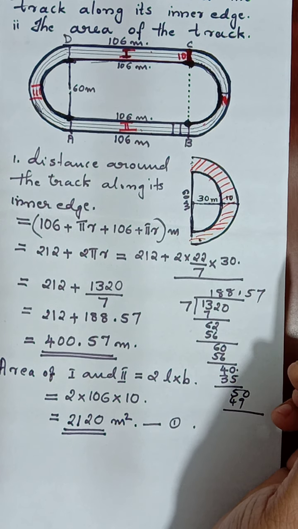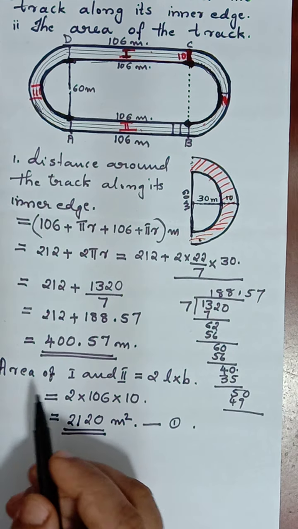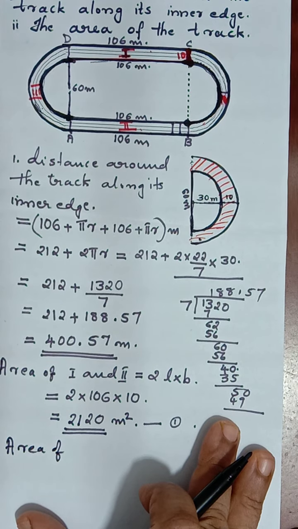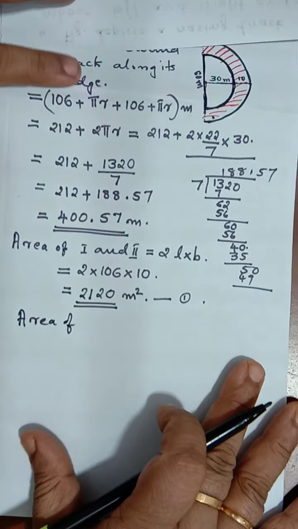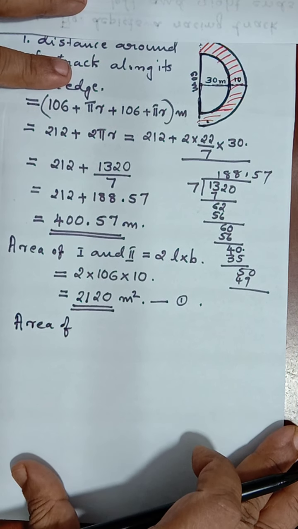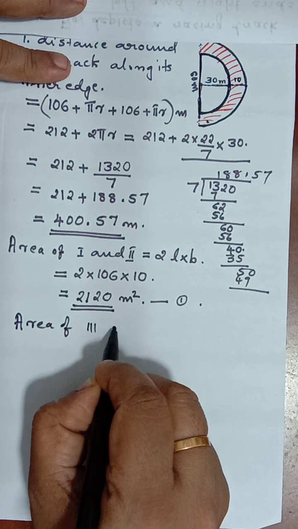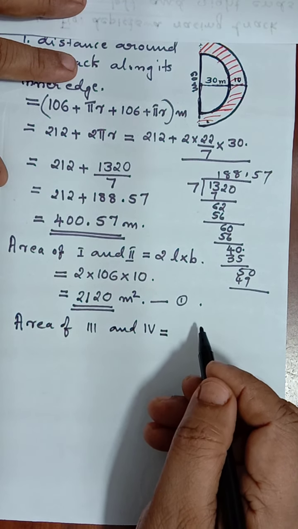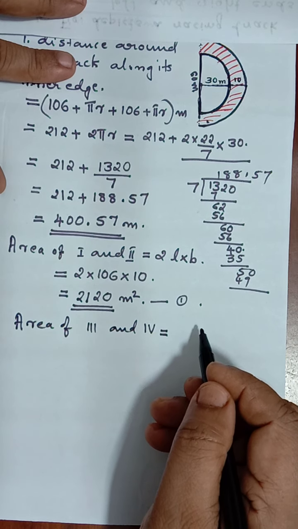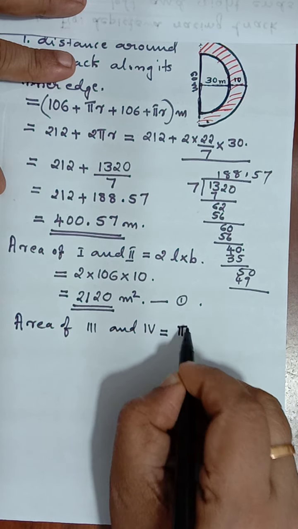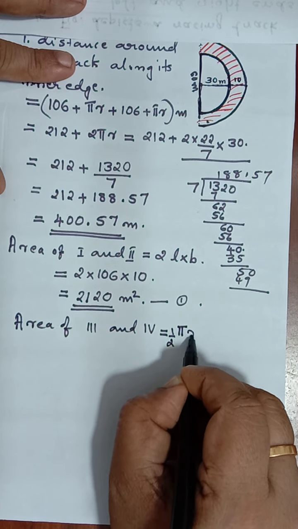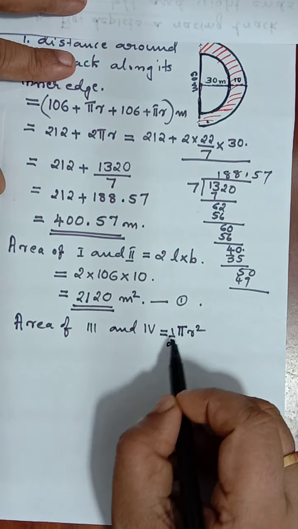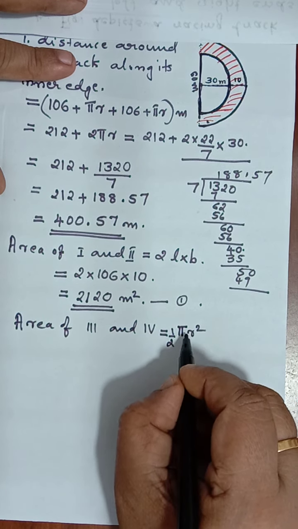Therefore, the area of 3 and 4 uses the formula half of pi r square, the area of a semicircle.